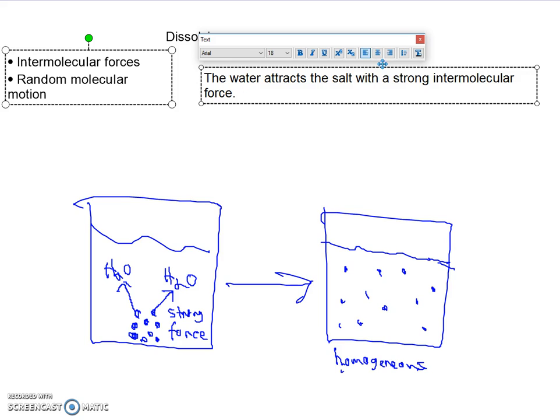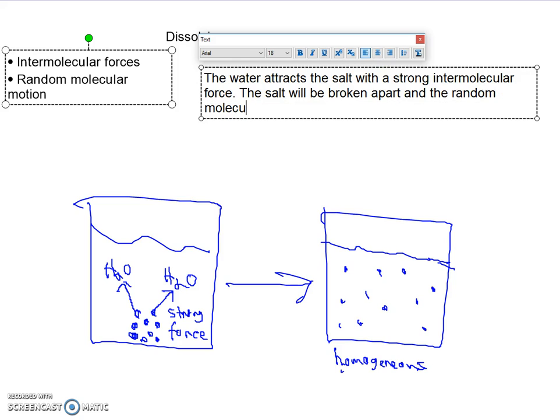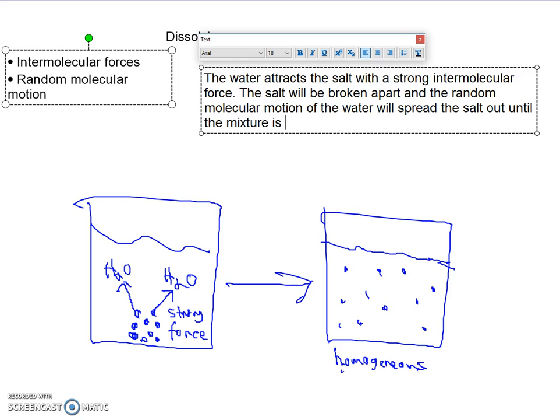So now what's going to happen to the salt? Well, the salt will be broken apart, and then it's got to mix to become homogeneous. The random molecular motion of the water will spread the salt out until the mixture is homogeneous.